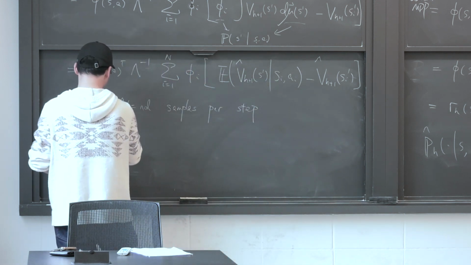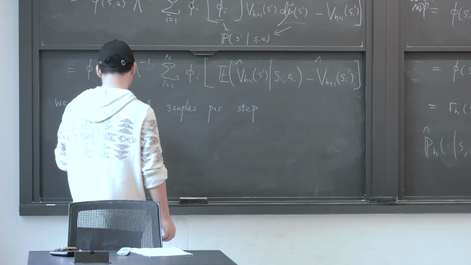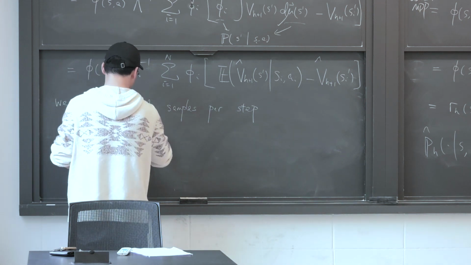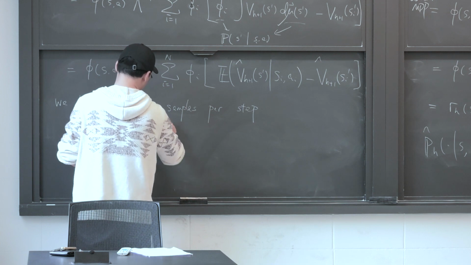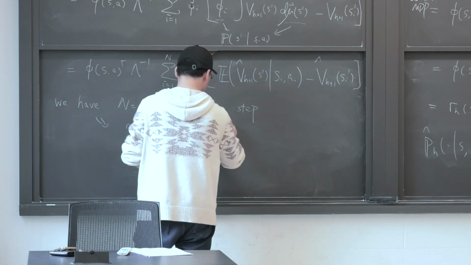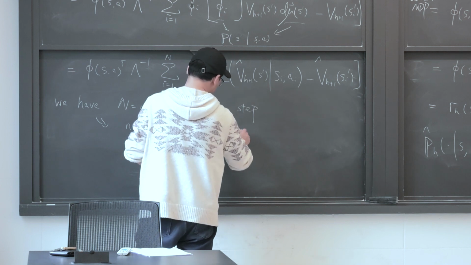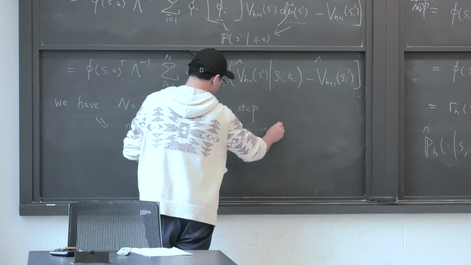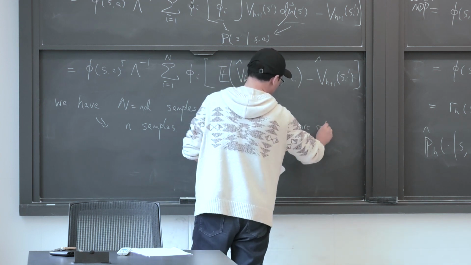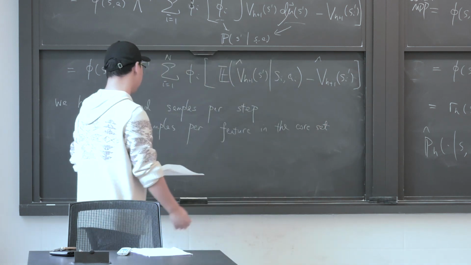We can further decompose these nd samples to be n samples per feature in the core set, times d features in the core set.